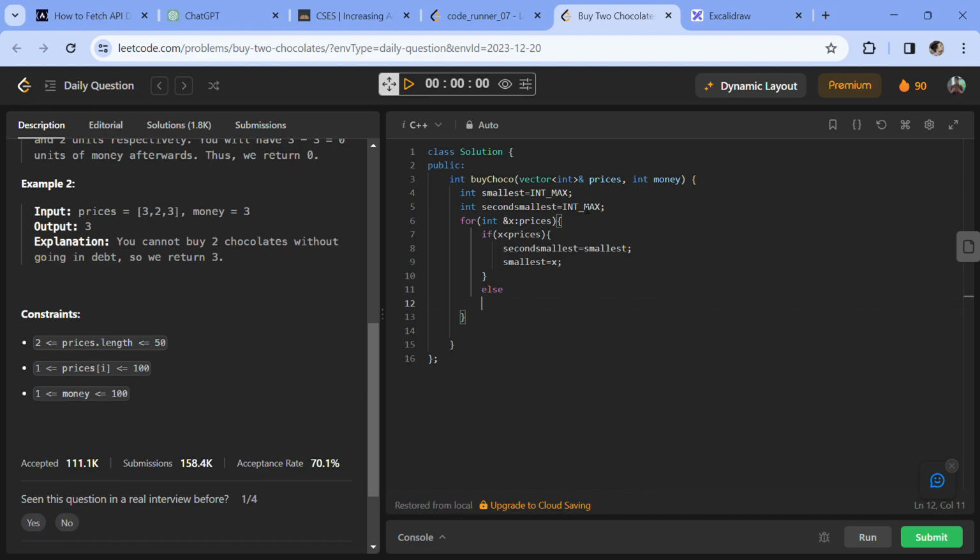Else we update the second smallest element to be min of x comma second smallest.